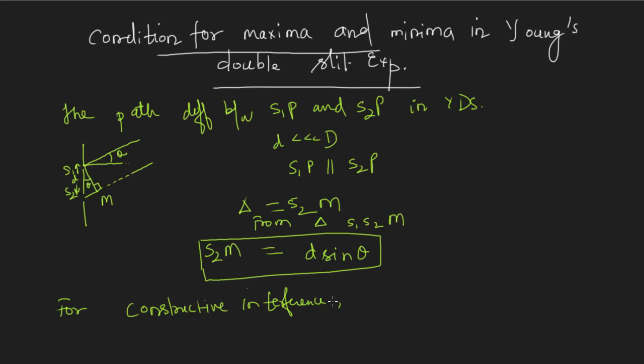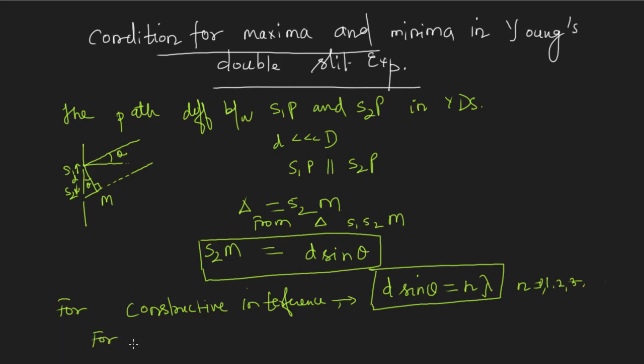So I can write for constructive interference d sine theta is equal to n lambda, where n is equal to 1, 2, 3, and so on. We can also take 0, because when path difference is 0, at the center we get the maxima. So this is my condition for constructive interference or bright fringes.